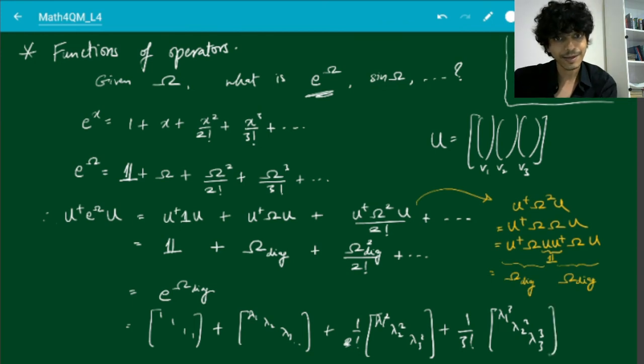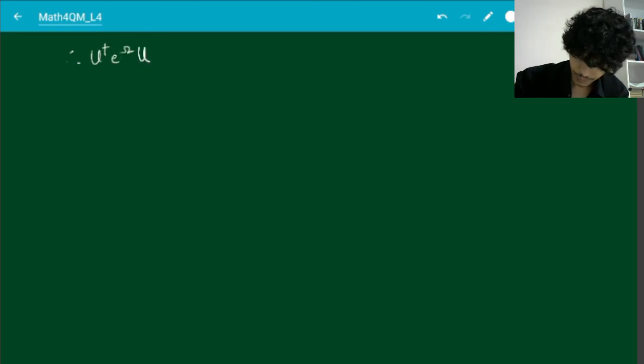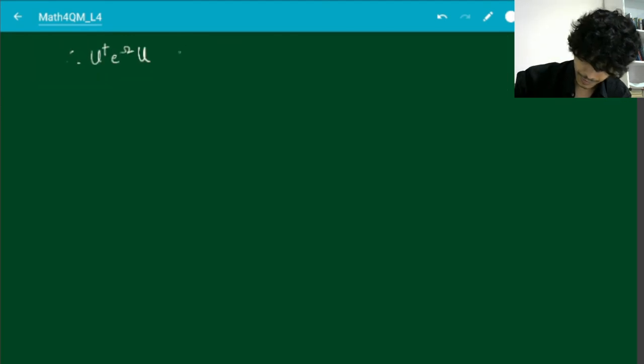That means element by element you are going to get, what was the left hand side? U dagger e to the omega u. Element by element I am getting e to the lambda 1, e to the lambda 2, e to the lambda 3 and so on.